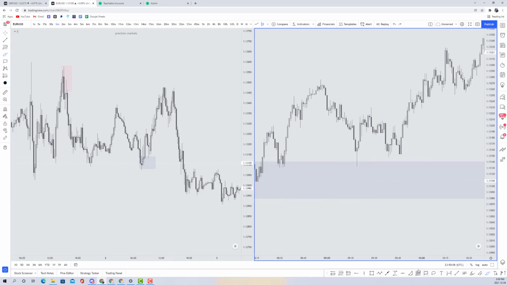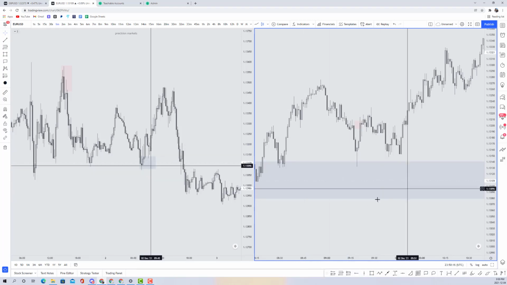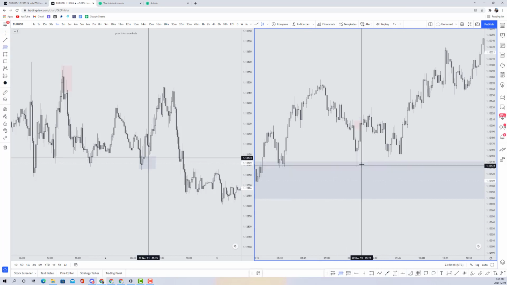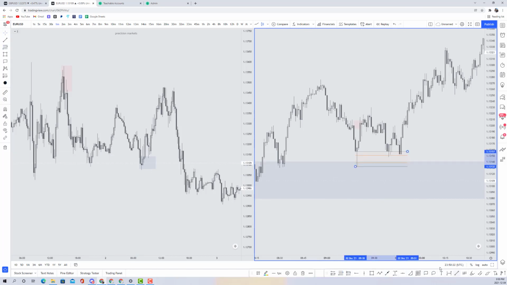There was no interaction between buyers and sellers. As you can see, we just came through it in one clean swoop. Anytime we have a big wick that is bigger than the body itself, we put an order on it. And again, that is your London trade.